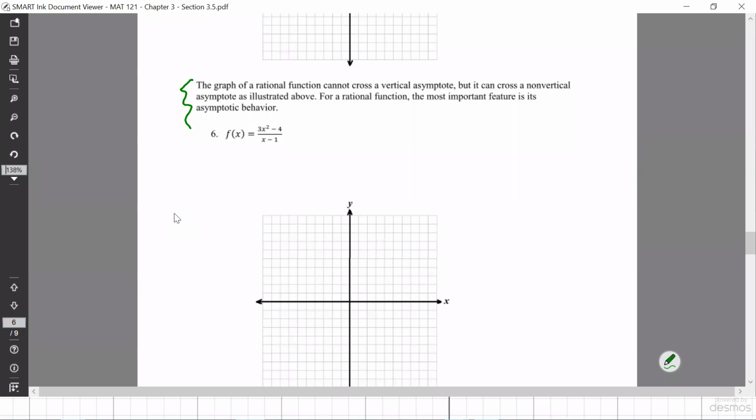So vertical, no, but for the others, it can definitely have a crossing happening. Again, remember, when the numerator has a higher degree than the denominator, that's when you're seeing oblique asymptotes. Of course, we'll start out by finding the vertical one since they're easy to work with. What's the vertical asymptote on this guy? Yeah, very good.